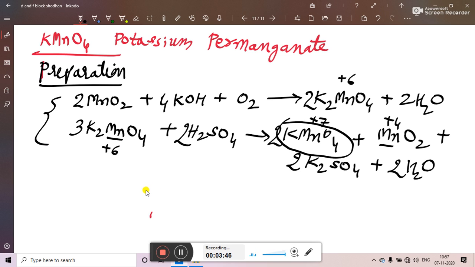In industries, KMnO4 is prepared by alkaline oxidative fusion of MnO2.